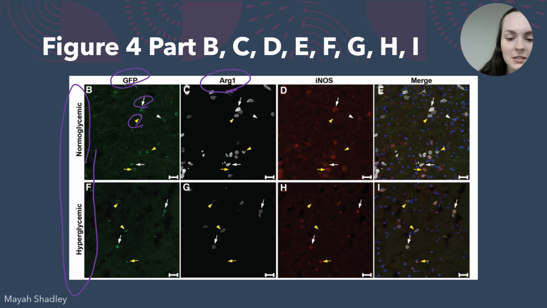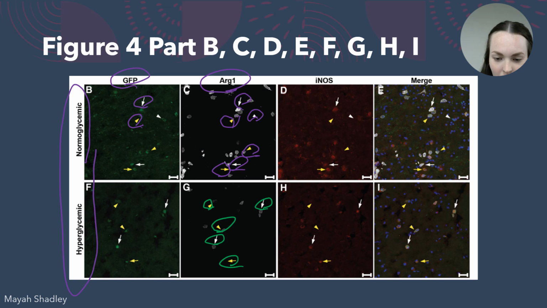And so as we can see, this normal glycemic has a lot more positive results of this marker than the hyperglycemic. So my little circles here, I don't know how much of a difference that is, but we've got more in the normal glycemic.